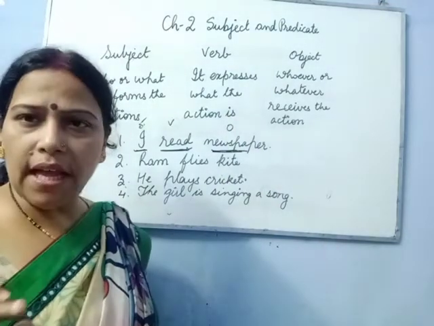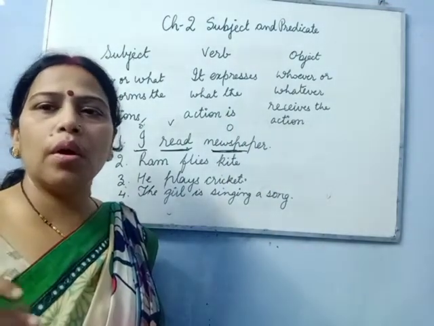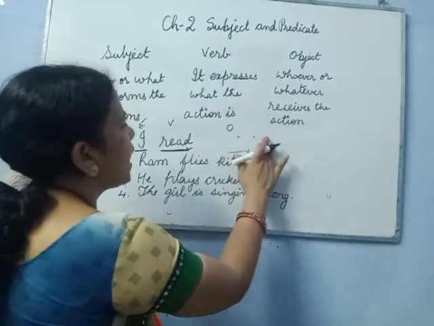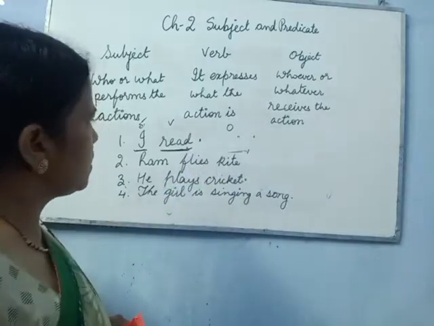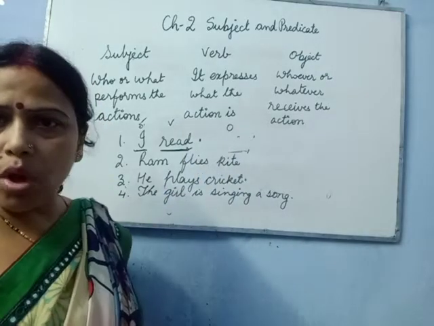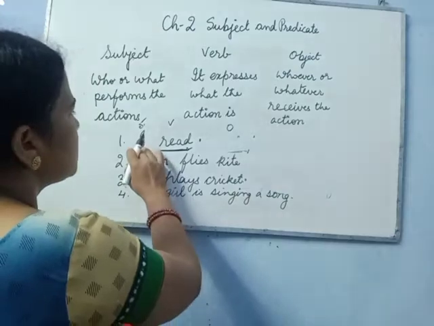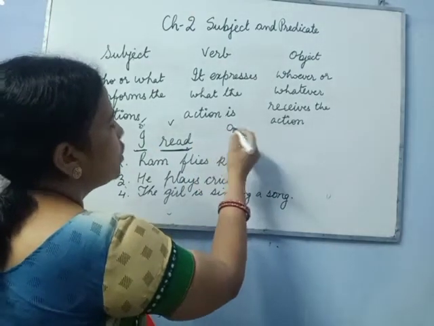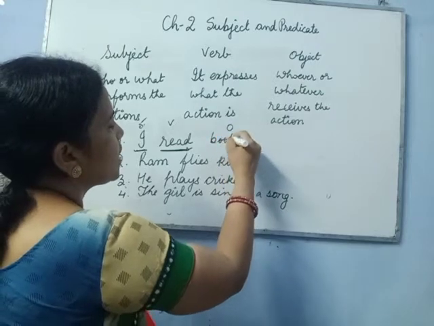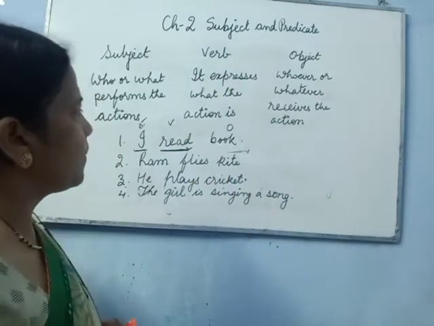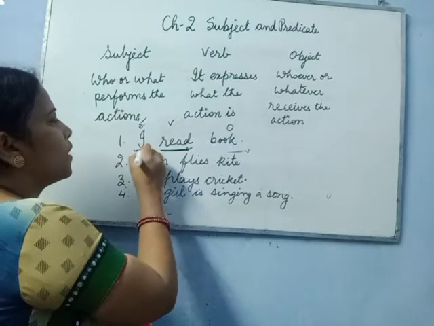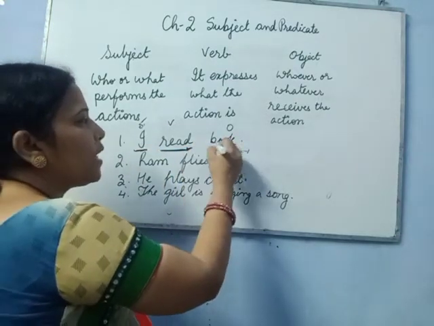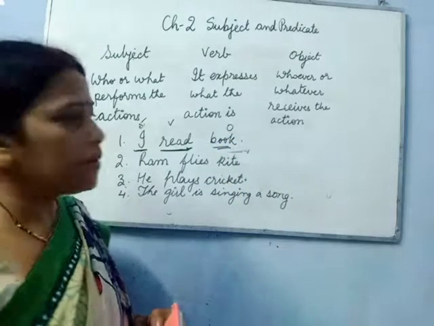So a sentence may have an object or it may not have an object. Suppose here if I write I read, that means there is no object over there, only subject and a verb. But when I write I read newspaper, or when I read book, then what it will be? I is the subject, read is the verb, and the object is book.